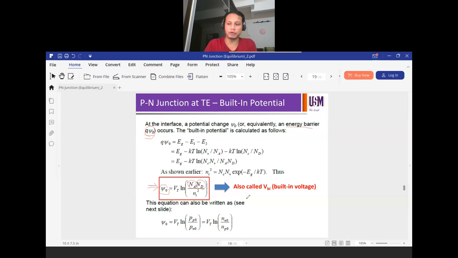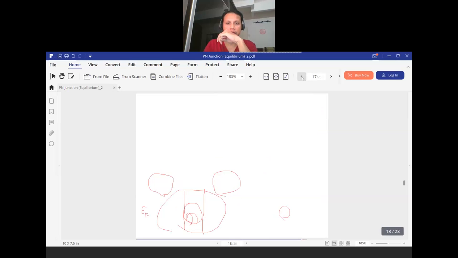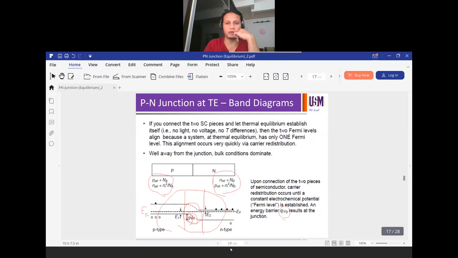Then you're going to have your Vbi. If you want to know how to get the derivation, you can look at this upper portion, which is derived from the previous page. If you want to derive this, you can have a look at this drawing.